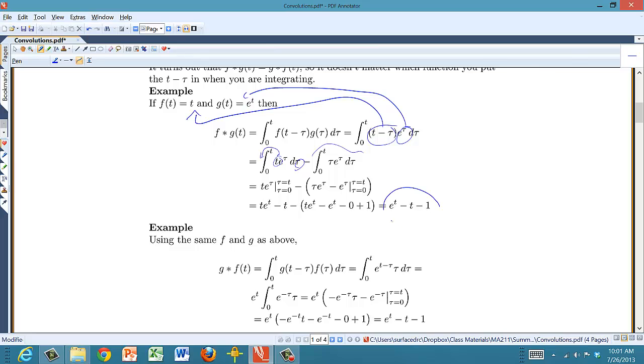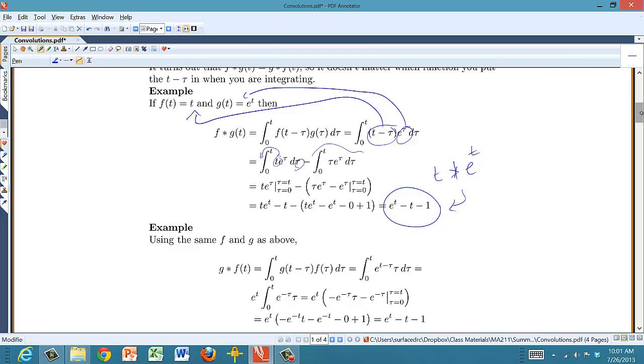Since tau is the variable of integration, all the taus should be gone, and you get this expression. It's a function of t, and this is t convolved with e to the t. This is an expression for that function. Okay, so you should probably do a couple of these calculations just to get comfortable with what a convolution is, how it's defined, and so on.